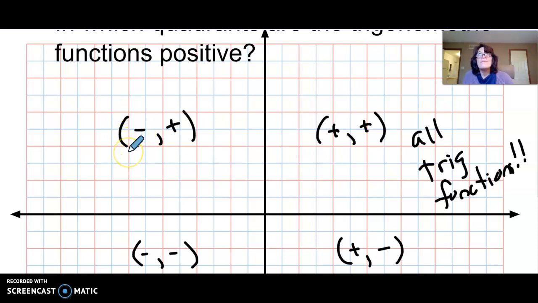Cosine, tangent, right? And of course, their reciprocals, secant and cotangent. All right, so the only ones that are positive here, sine is positive because it's the y coordinate over r. Sine will be positive, and of course, its reciprocal, we know that's positive if sine's positive.